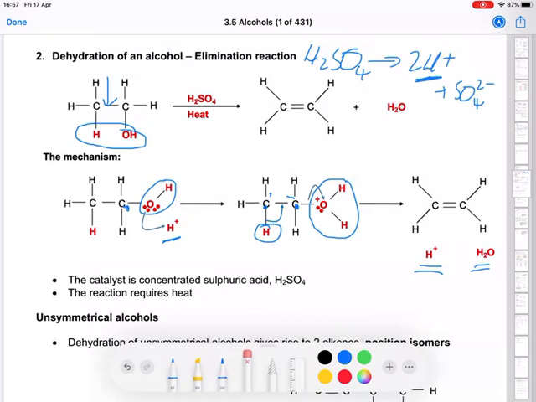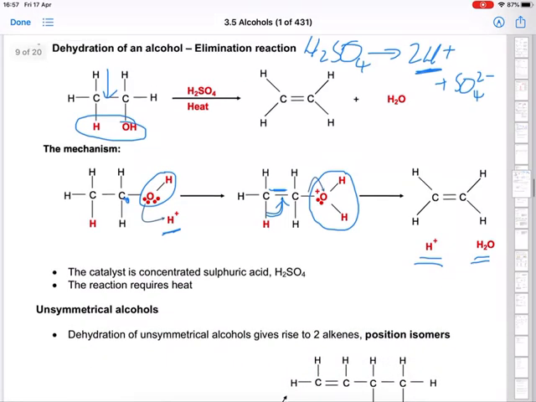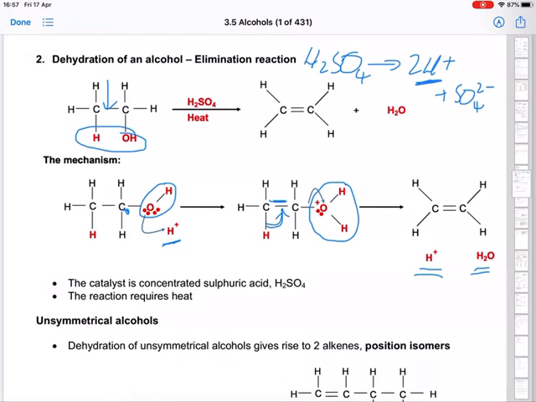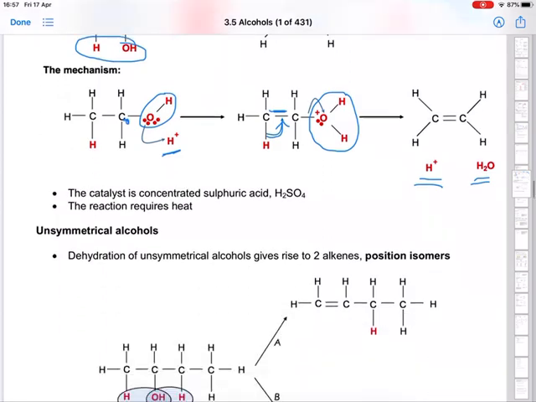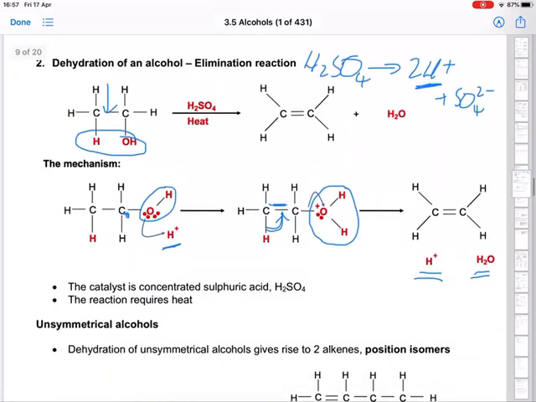Okay, so our double bond is going to form at this position here, okay? And it's these electrons that are going to that point there that are forming that double bond, okay? So that's all fairly straightforward, so long as you've got an alcohol that is symmetrical.